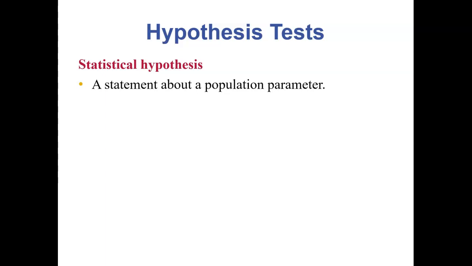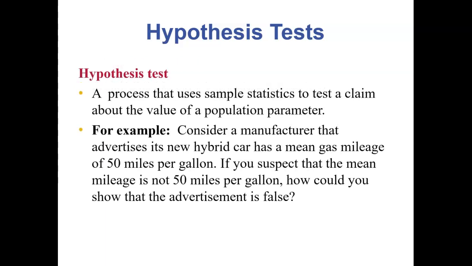If I go back to the example, what did the manufacturer claim? He said, hey guys, my new hybrid car has a mileage of 50 miles per gallon. That's what he claims, right?